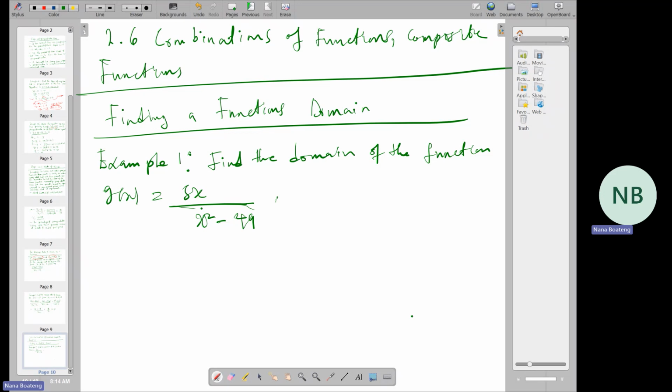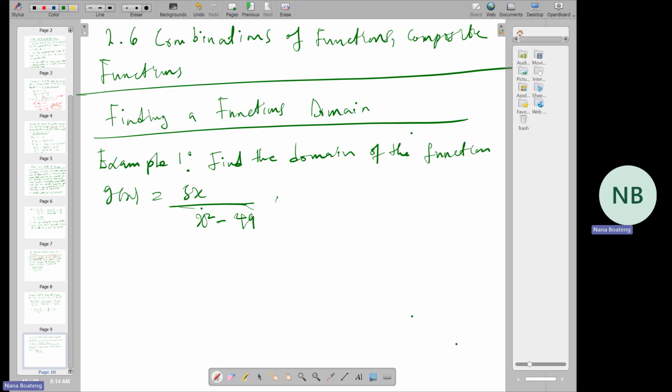If there is any x value at which g of x becomes undefined, then that x value is not included in the domain of this function.